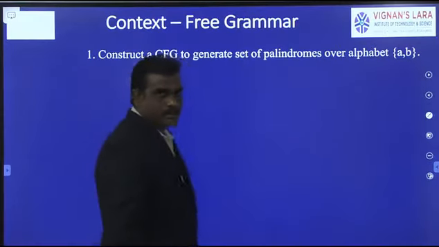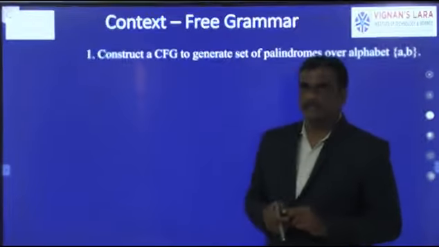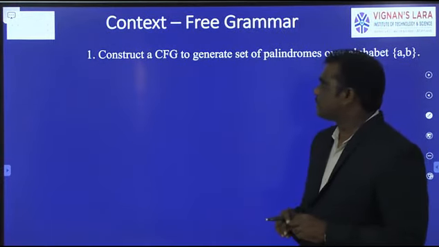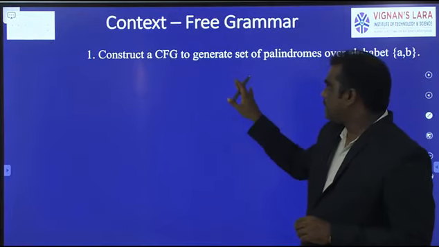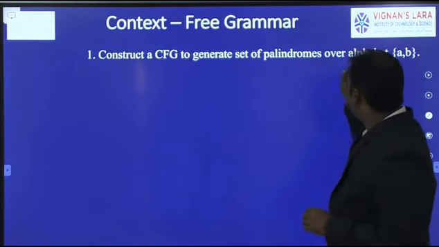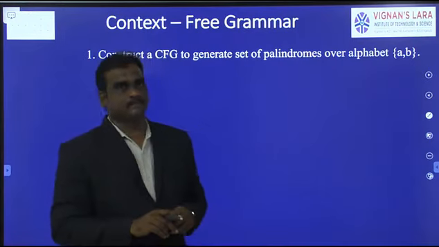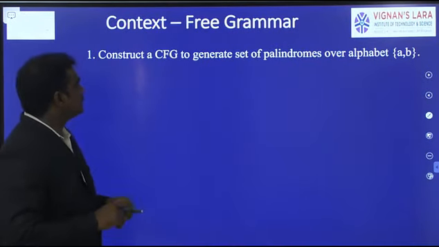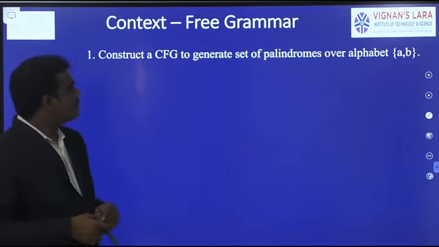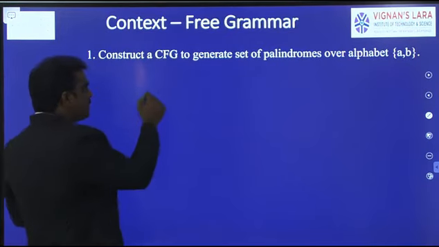Now we'll see one example of how to construct a context-free grammar. The problem is: construct a context-free grammar to generate the set of palindromes over the alphabet A, B. Before constructing a context-free grammar, first we have to define the tuples.